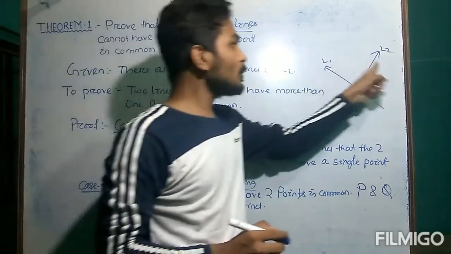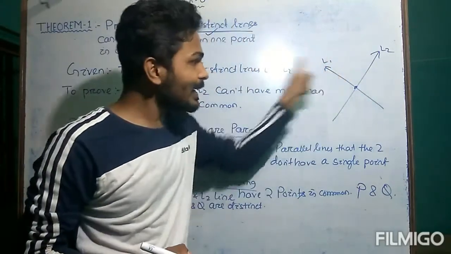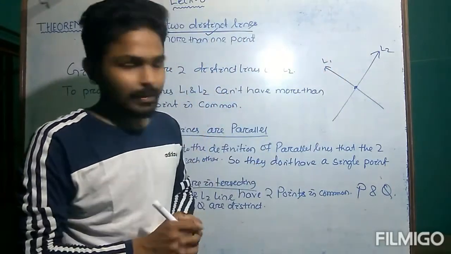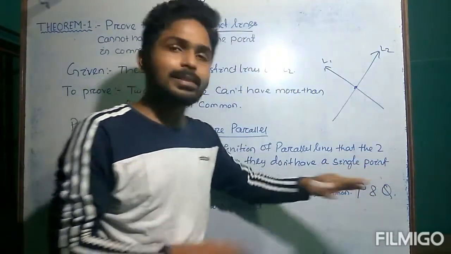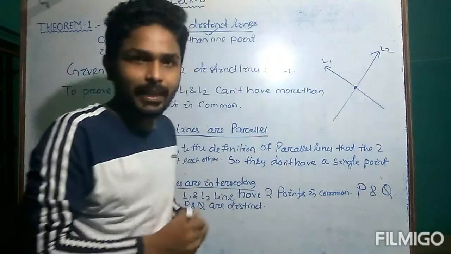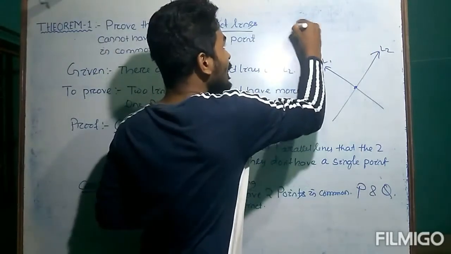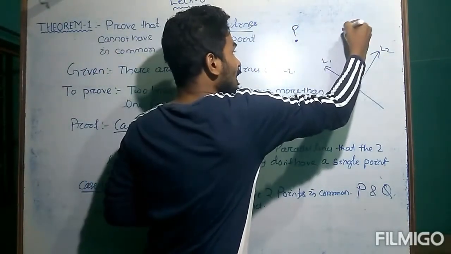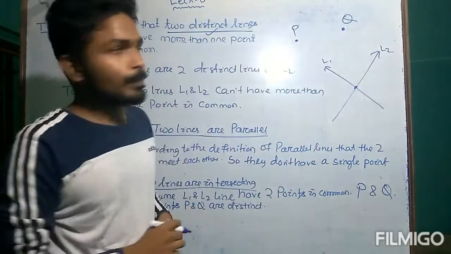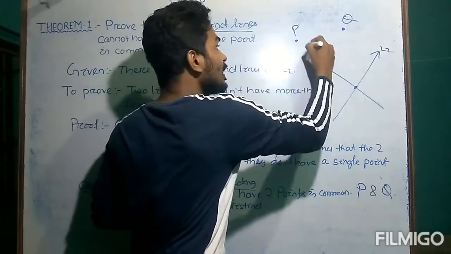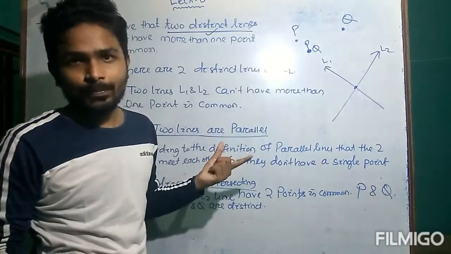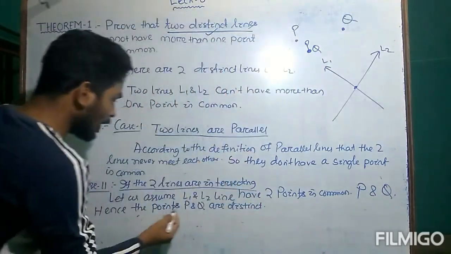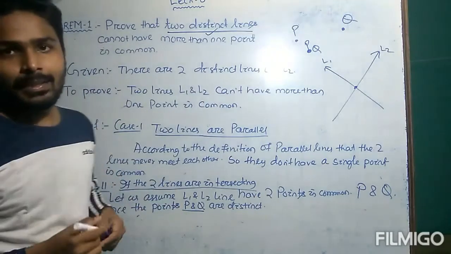Because these two distinct lines meet each other at two different points. What are the different points? P and Q. Different points means these 2 points are distinct. Suppose there is a point P, and in another position there is a point Q. P and Q never coincide with each other. Understood? So P and Q are the two distinct points.